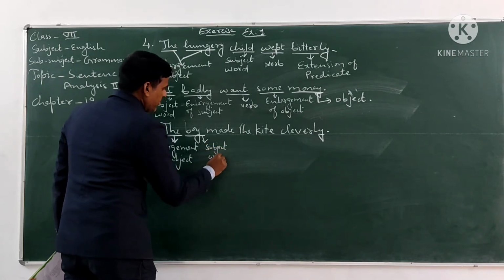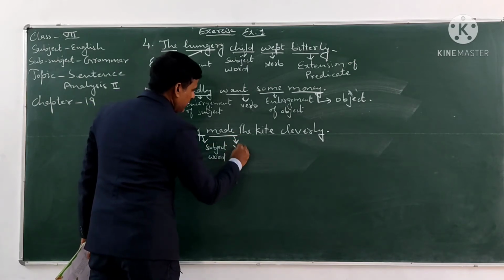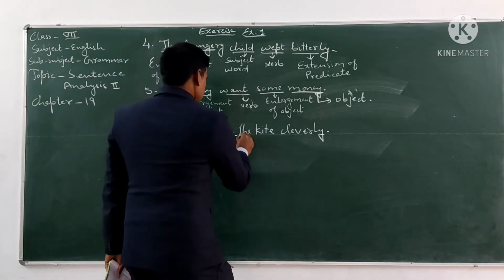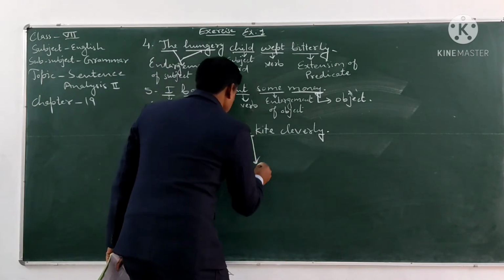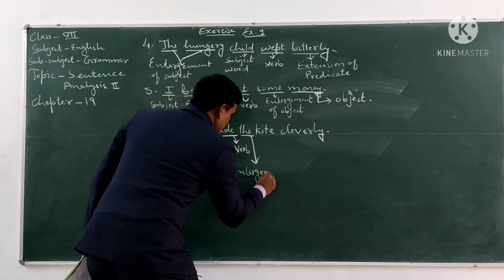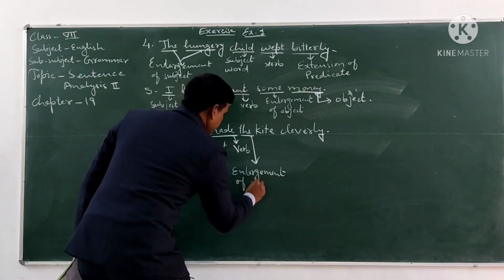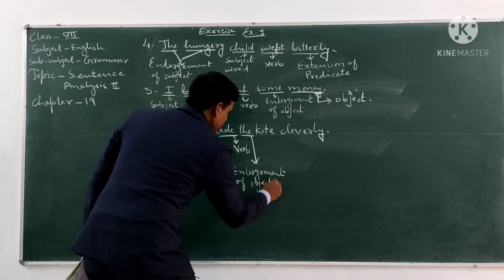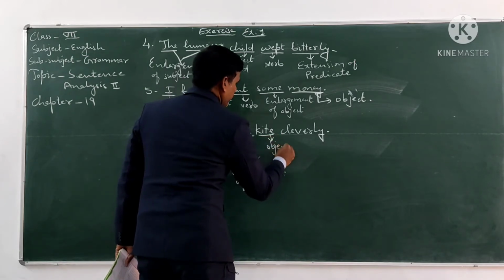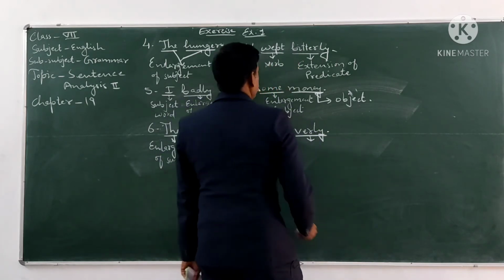Made is the verb. The is enlargement of object, and kite is the object.